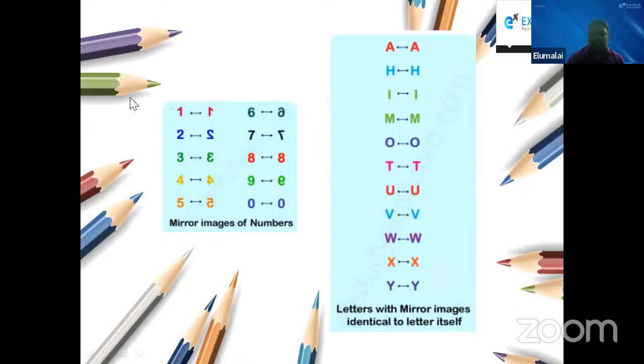Now if we come to letters, these are the 11 letters which appear the same in the original and the mirror: letters with a mirror image identical to the letter itself. A, H, I, M, O, T, U, V, W, X, Y. That's it. If you understand these concepts, then you can solve any question in mirror image, followed by which we will have water images.